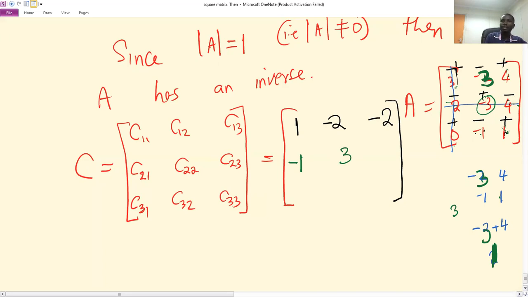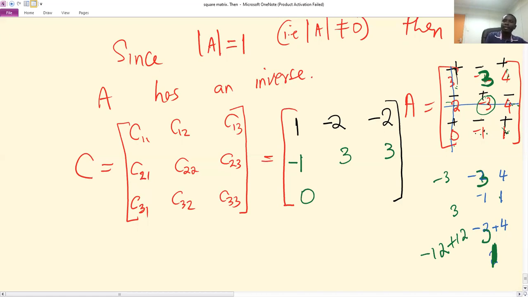So we'll have 3 times minus 1 is minus 3, and then 0, we get minus 3, but the sign is minus, so we get plus 3. Delete this, so minus 3 times 4 is minus 12, and then 3 times minus 4 is minus 12, minus minus is plus 12. So this will be 0.